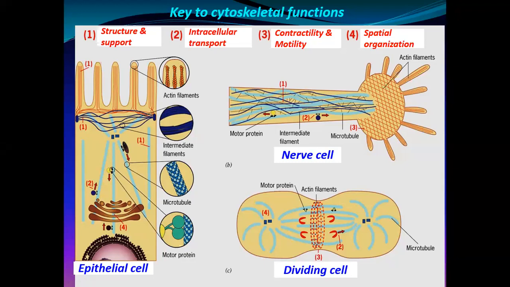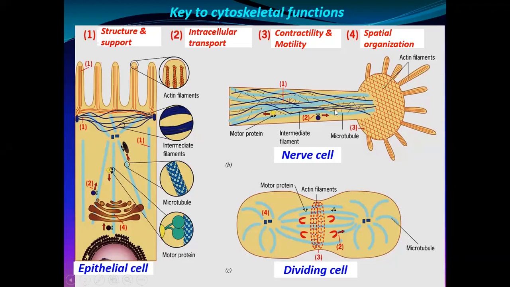And the third one is contractility and motility. Contractility and motility, the third one, usually happens in muscle cells and nerve cells. Contractile, for example, actin filaments and myosin filaments in muscle cells. Muscle contraction involves actin and myosin. Actin is a microfilament. You can see this is the neuron, and this is the axon.